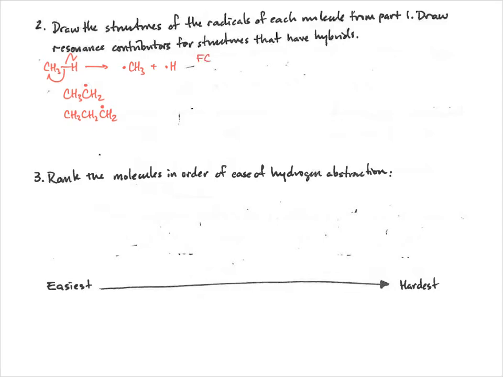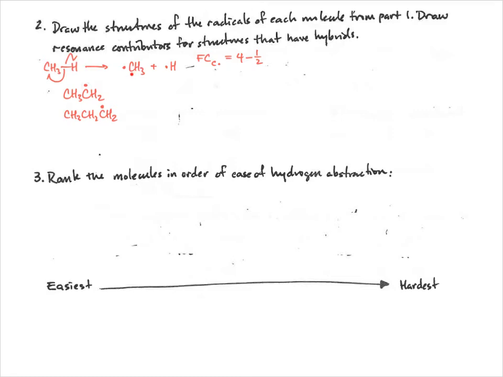So let's say formal charge of carbon radical. Carbon is in group 4. We're subtracting the 1/2 of the bonded electrons. So how many total bonded electrons are on this carbon?